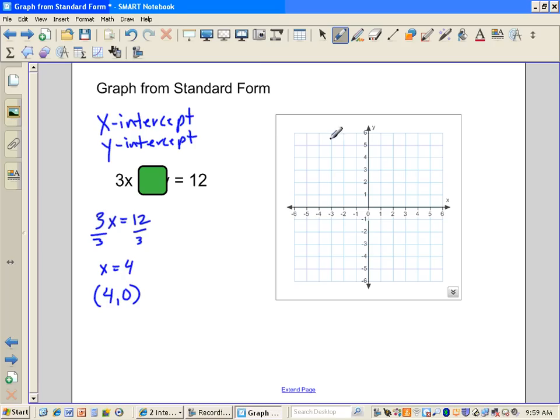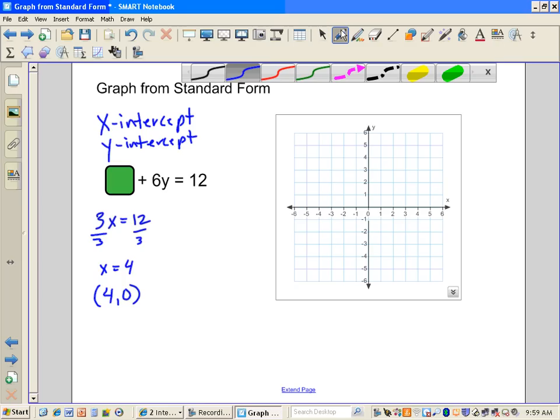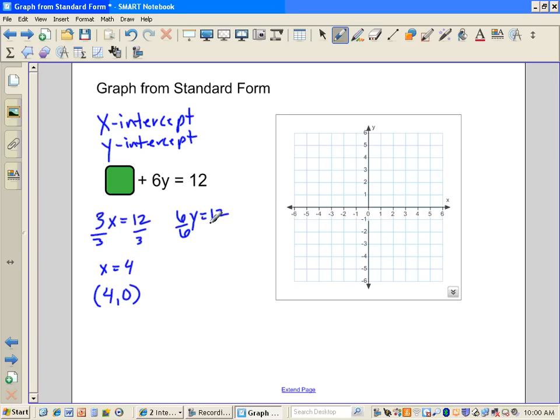And if I want to find my y-intercept, that's somewhere along the y-axis. That's when x is 0. So I'm going to just cover up my x totally. Notice what's left is 6y is equal to 12. We'll divide by 6. Y is equal to 2. So when x is 0, y is 2.